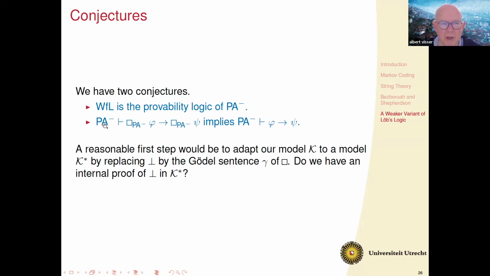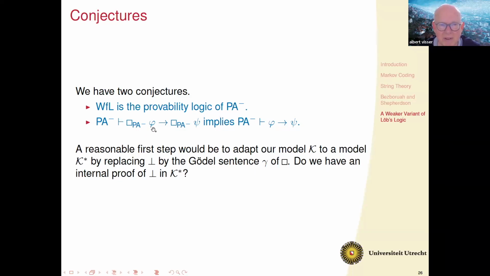And the other thing is, do we have that if PA minus proves box PA minus phi implies box PA minus psi, then PA minus proves phi implies psi? Of course, this is an admissible rule for the provability logic, if this is indeed the provability logic, for WFL.